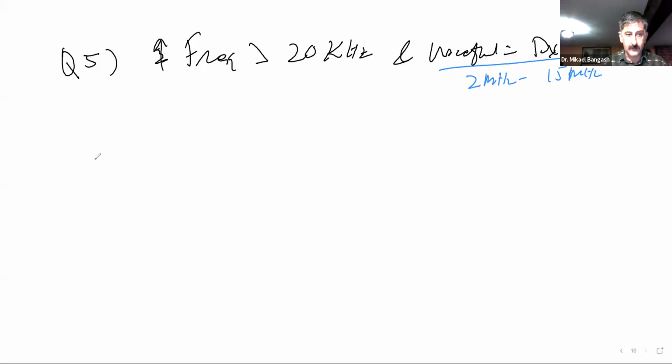Clear? Now what we see here is that option A is 400 megahertz. There's no doubt that it is greater than 20 kilohertz, so it falls under being ultrasonic. But it is far, far beyond the normal range of ultrasonic diagnostic sonography.